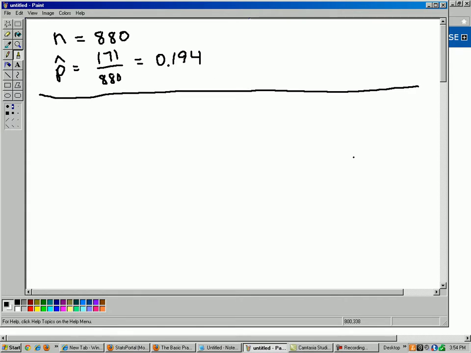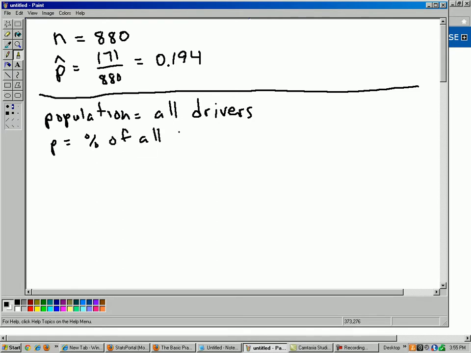Let's back up for a minute and ask ourselves what exactly is our population and so forth. So our population here is all drivers. And P is the percentage of all drivers who run red lights out of the last 10 red lights.